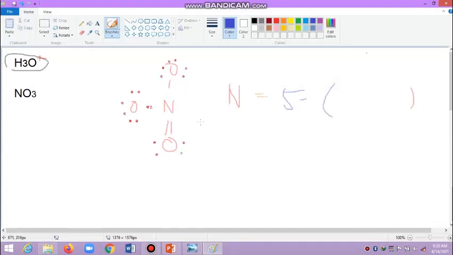Now, minus the number of bonds. 1, 2, 3, 4. Ayan. And the number of non-bonding electrons ay wala. So, lahat ay nakabond. Okay. So, plus 0. Okay, so 5 minus 4, so that's 1.